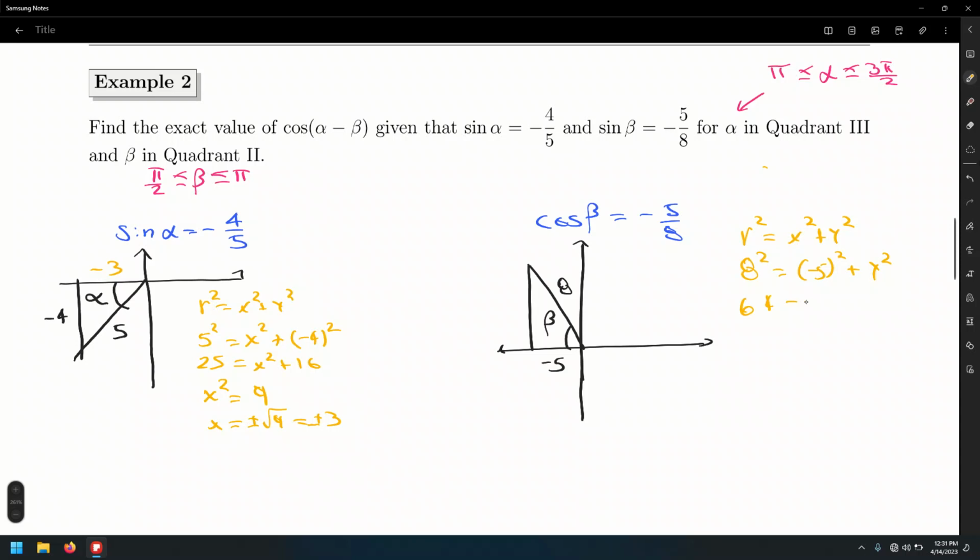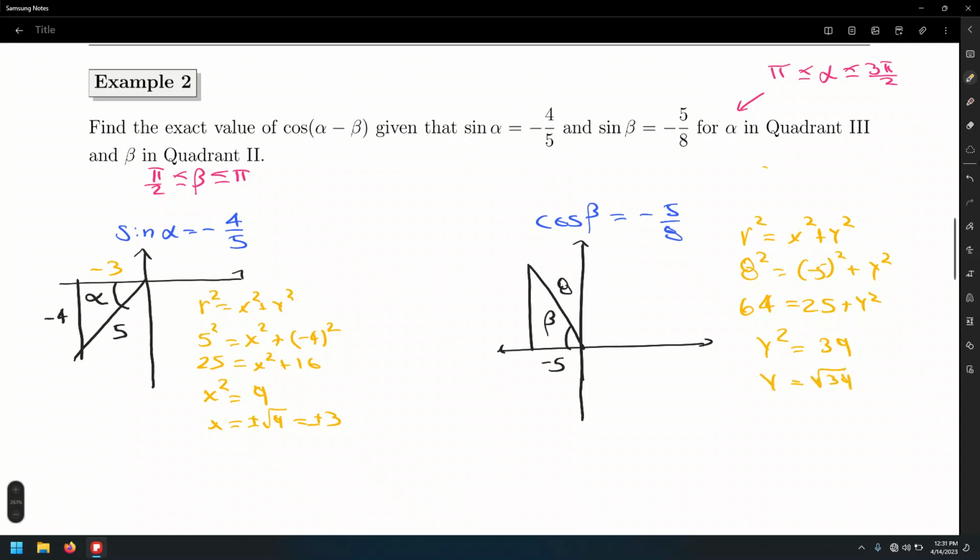That's 64 equals 25 plus y squared. Let's solve for y squared first. Y squared equals 64 minus 25, which in this case is 39. And y equals the square root of 39.